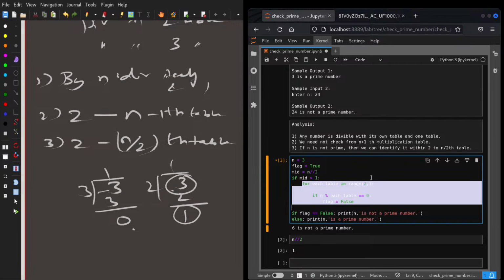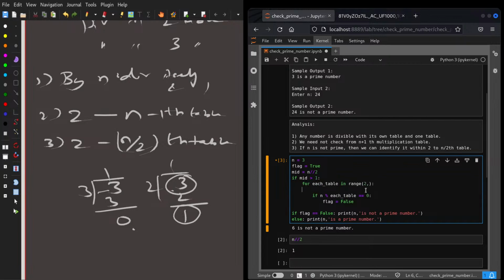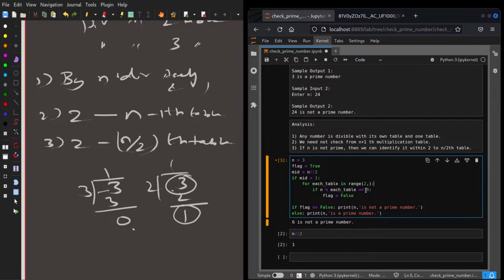Only then we should proceed here. Otherwise, we should not proceed with this for loop.